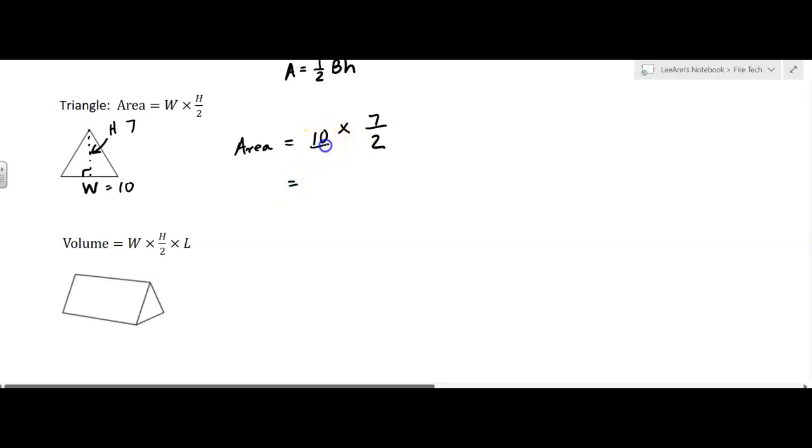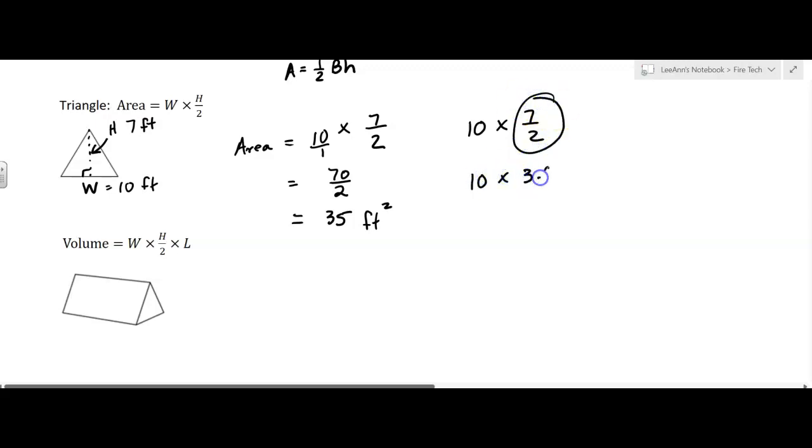You could make 10 over 1 a fraction. So you could go 10 times 7, 70 divided by 2, and get 35. I'll make them feet, 35 feet squared. Or you could say 10 times 7 divided by 2, I should do this part first, 10 times 3.5, but again, that would be 35 square feet. Just a little example there.